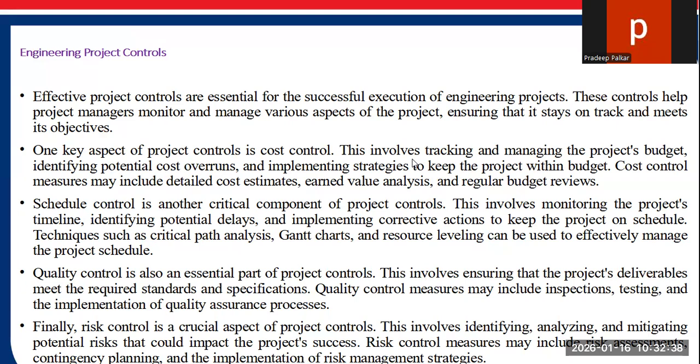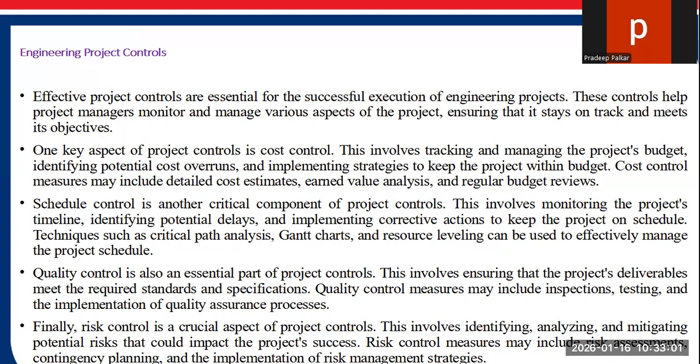Scope control ensures the work is performed as per the approved scope and prevents scope creep. The tools are the scope statement and change control system. Schedule control tracks the plan versus actual progress. That is very important.